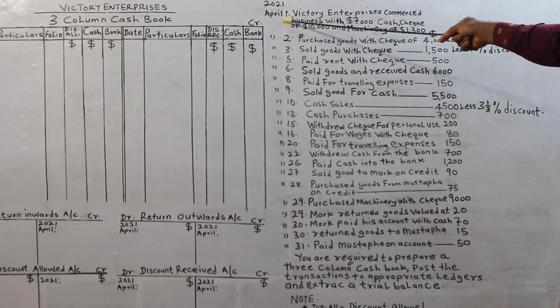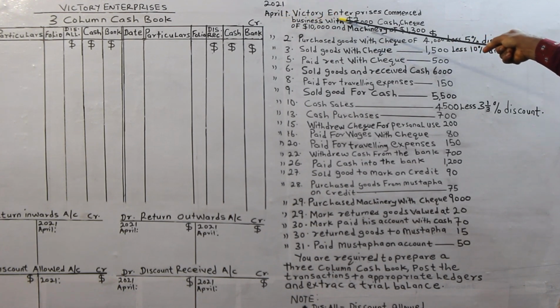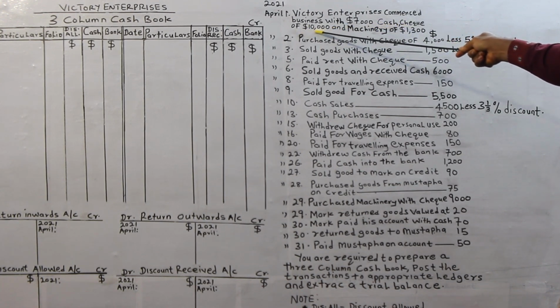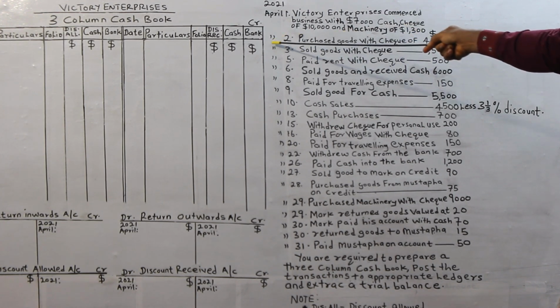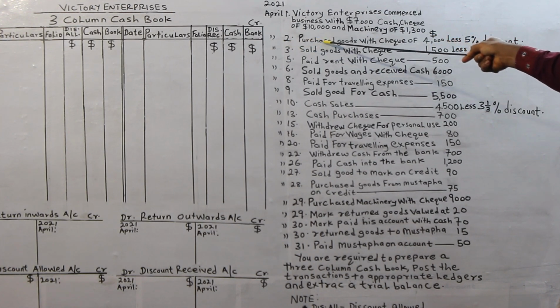2021, April 1st, Victory Enterprises commenced business with $7,000 cash, check of $10,000, and machinery of. April 2nd, purchased goods with check of $4,000 less 5% discount.